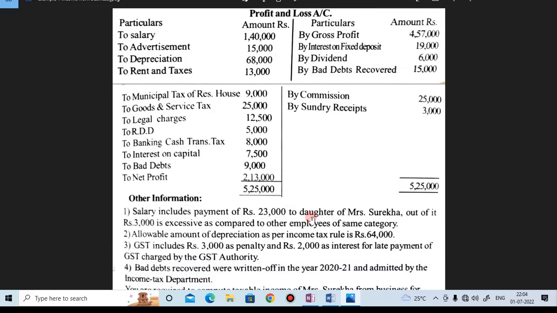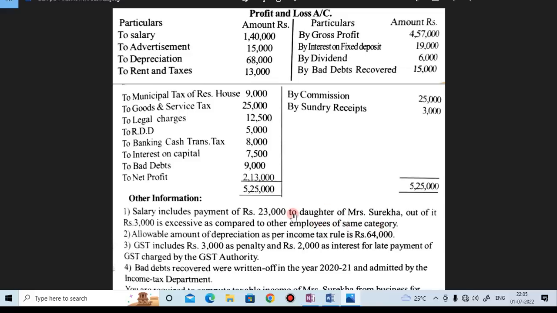So the daughter's salary is how much? 23,000. Out of it, 3,000 is excess as compared to other employees of the same category.